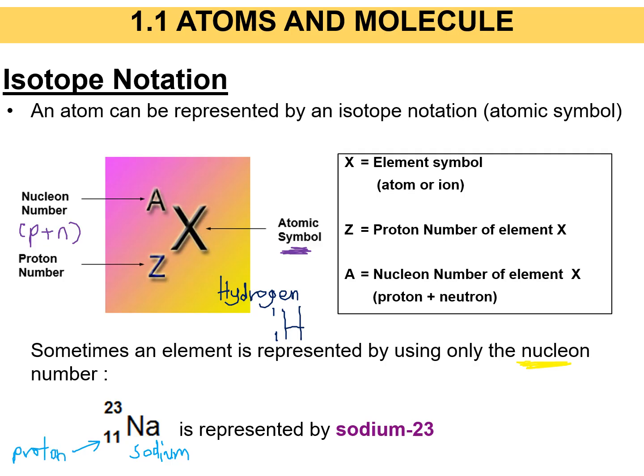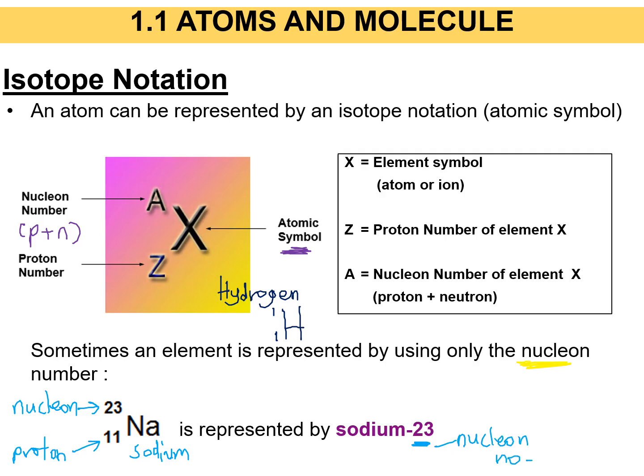While the nuclear number of sodium is 23. So basically, if you nak write the isotope notation pun, you boleh write it in the other way, such as sodium 23. So how do you get these 23 numbers? You get this number from the nuclear number of sodium atom.